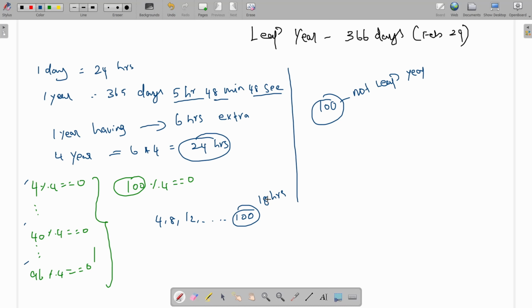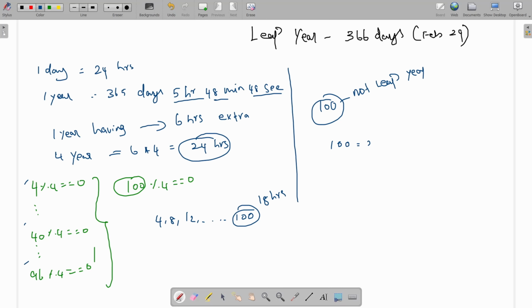And you may ask why we want to pay in the century year only. Is there any particular reason to repay my debit in the century year? Yes, for calculation efficiency. For calculation efficiency, we pay our debit in every century year only. In this century year, I am paying my debit. We know that every 4 years we have 24 hours extra.